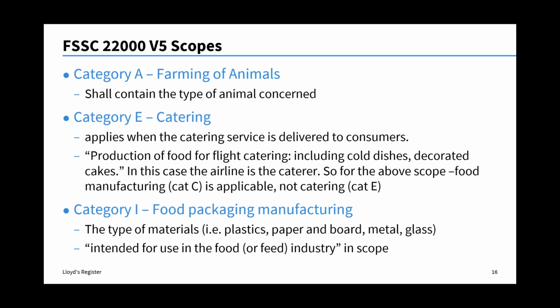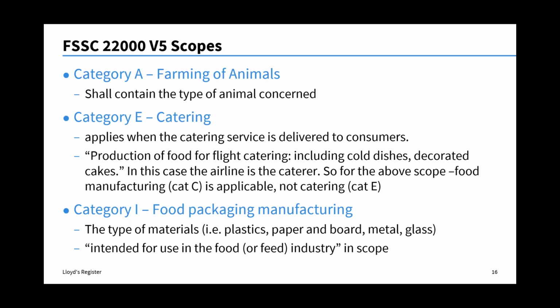However, if you are supplying to, let's say, an airline, so let's say production of food for flight catering, including cold dishes, decorated cakes, in this case the consumer is being served by the airline. So the airline is the caterer. So for this scope, it would come under food manufacturing category C, not under catering. So this is a fine change.